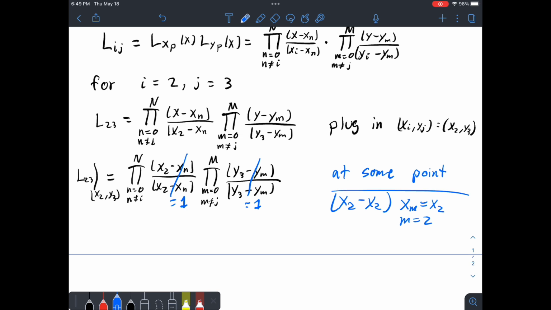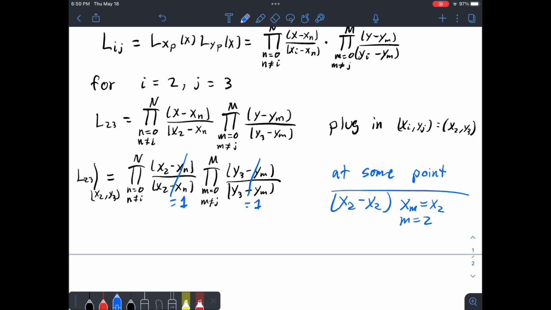And that's how we would show that this is equal to 0 at any other point. This wouldn't happen at this point, but it would happen at one of the other points. So say at x equals 1, we would subtract x equals 1, and we would have 0 over some number. And then we would be satisfying the interpolation condition in that way.